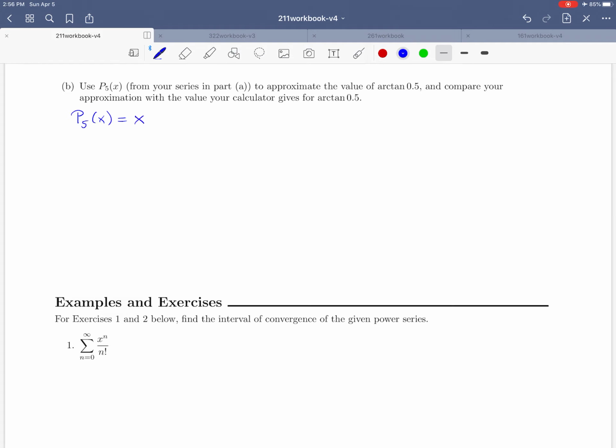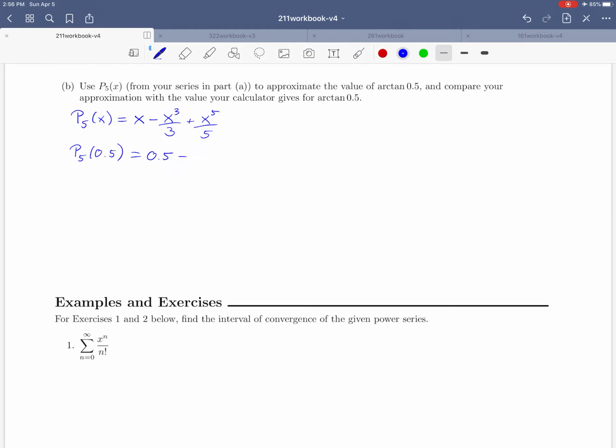We need everything up to the 5th degree term. So we have x, then we have minus x cubed over 3, and then we have plus x to the 5th over 5. That's what we wanted. So this is the 5th degree approximation for the arctangent. If we want to know what is the arctangent of 0.5, we can plug 0.5 into our power series expansion.